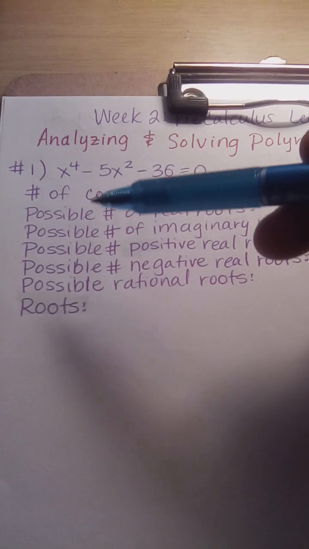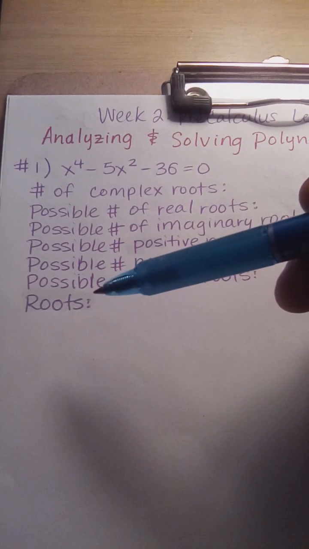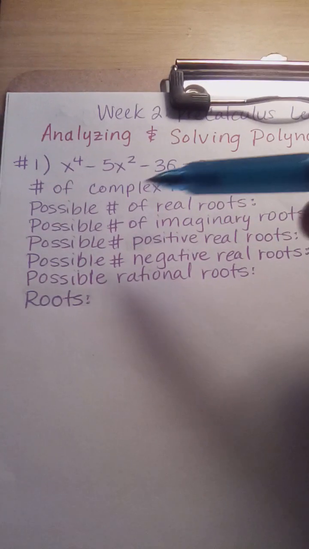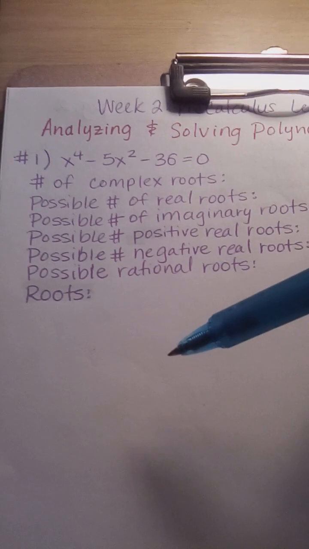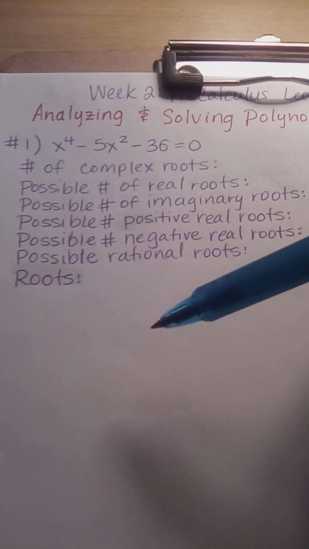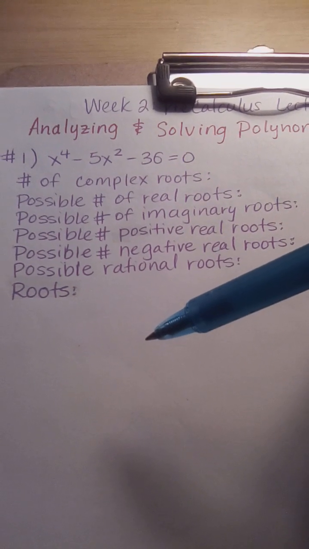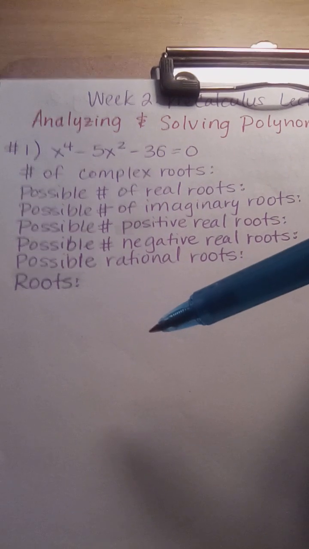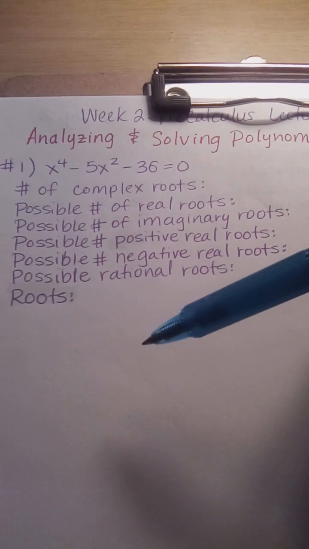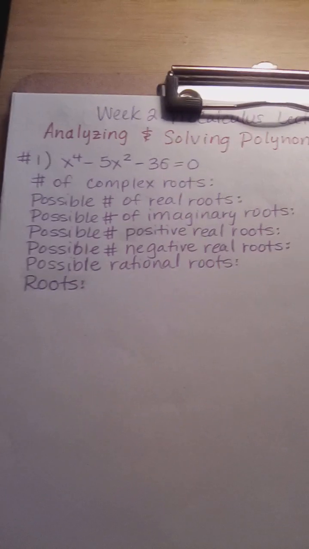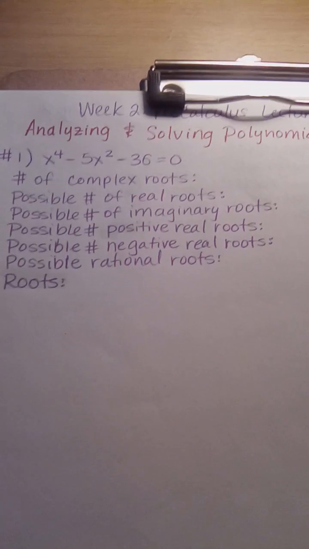And these are the things they're asking for: number of complex roots, possible number of real roots, possible number of imaginary roots, possible number of positive real roots, possible number of negative real roots, positive rational roots, and roots. So far, is everything okay to this point, folks?